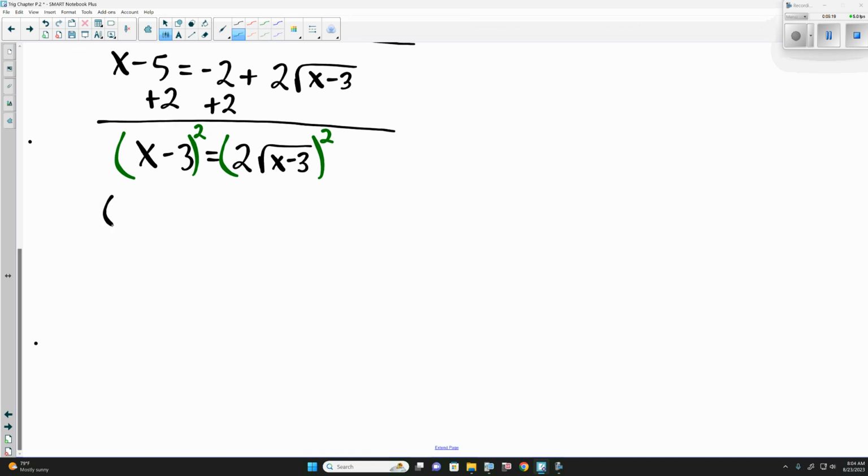Because on the left-hand side here, we're going to have x minus 3 times x minus 3. And on the right-hand side, we're squaring both terms. 2 squared would be 4, parentheses, square root of x minus 3 squared just becomes x minus 3. Any questions on this step?